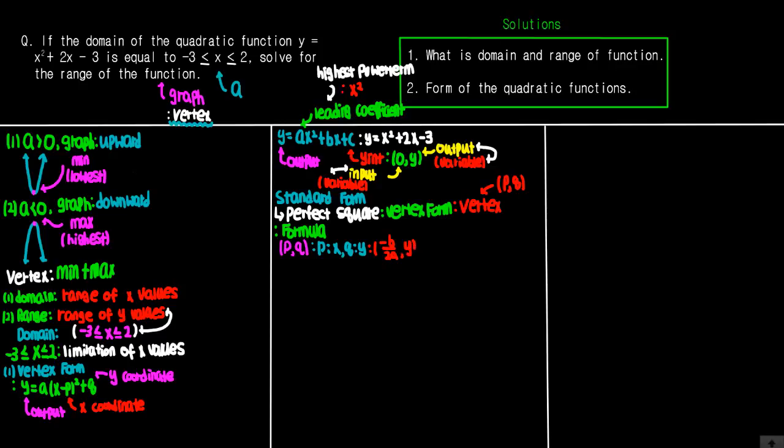We can see that negative b over 2a is the input of our function, the x value, and the y value is the output of our function. There is a way to solve for the y value through a vertex formula, but the reason we're just solving for the input is to not get confused, and also if you know the value of the input, all you have to do is input that value back into the original function to get the output. So that's why we are only solving for the input's formula.